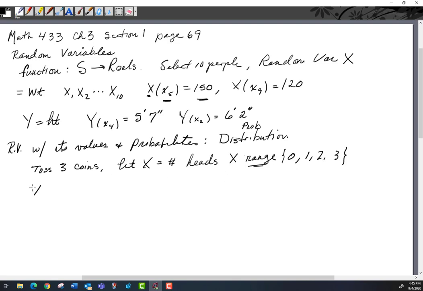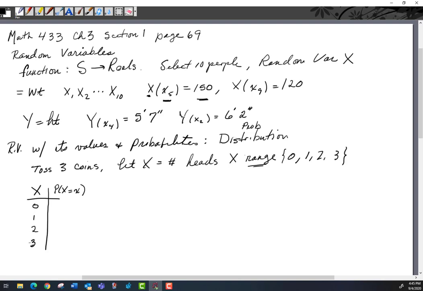All right, now it is often convenient to do a probability distribution in the discrete case as a little T diagram, 0, 1, 2, 3 in this case. And then over here, we'll put the probability that x is equal to lowercase x.